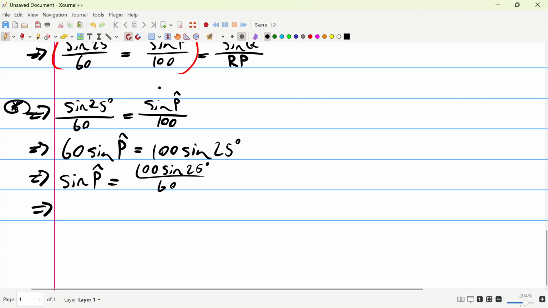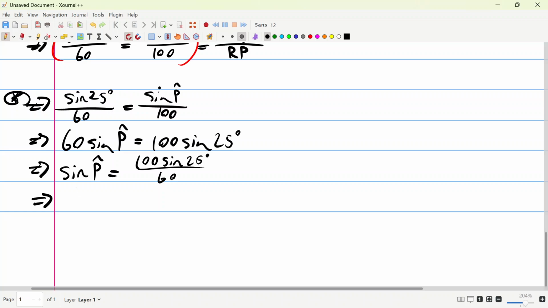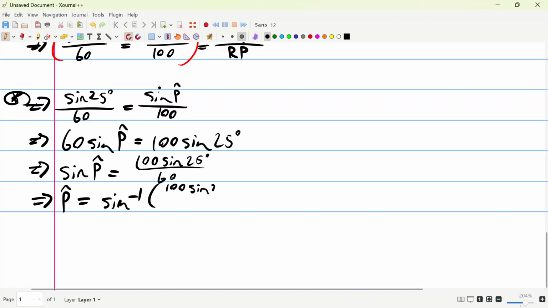And then in order to get p on its own, we need to take the inverse sine, meaning it's going to be arc sine. So angle P is equal to arc sine of 100 sine 25 divided by 60.